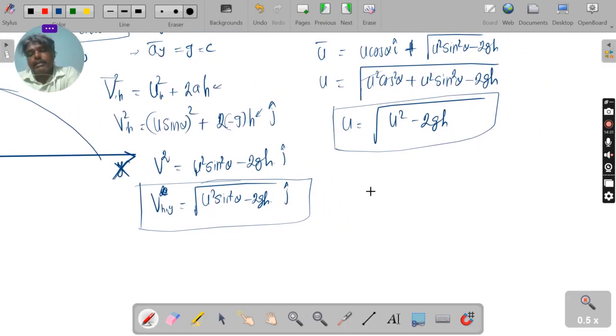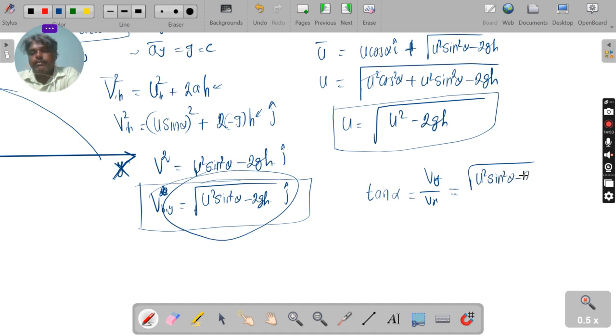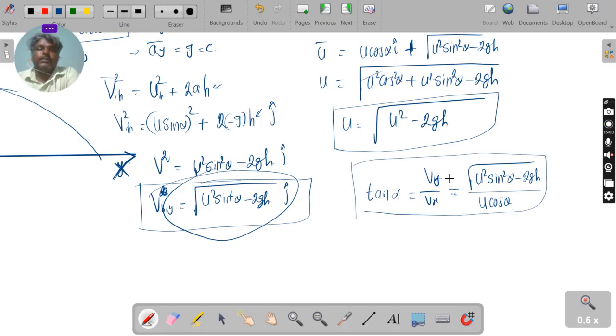Vertical component velocity is already derived: root of u squared sin square theta minus 2gh. Horizontal component velocity never changes, u cos theta. So we derive the two formulas here. Previously we derived the two formulas based on time, now we derive the formula for height.